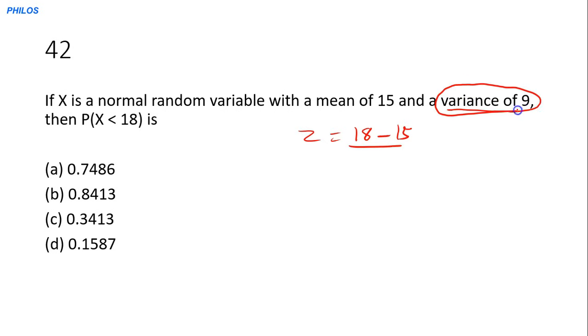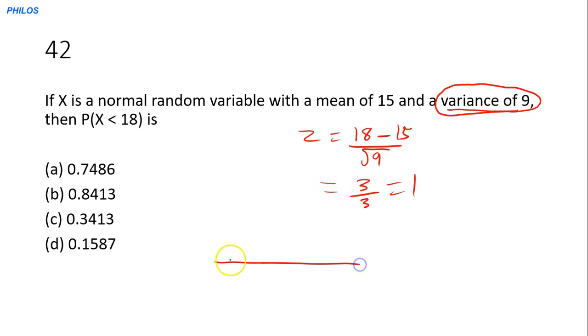We were given a variance of 9. So we convert this variance to standard deviation by taking the square root of 9. The square root of a variance gives us the standard deviation. If you just write 9, you get a wrong answer. So 18 minus 15 is 3, and the square root of 9 is also 3. So 3 over 3 is 1.